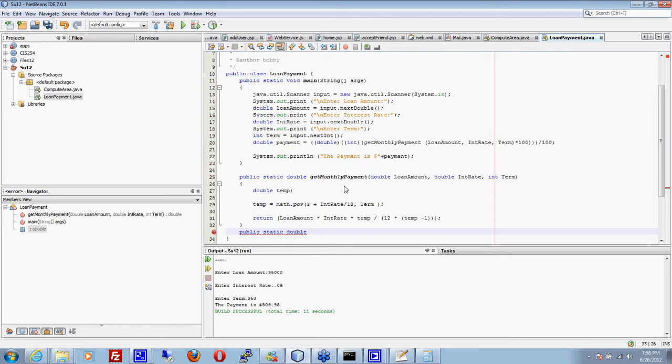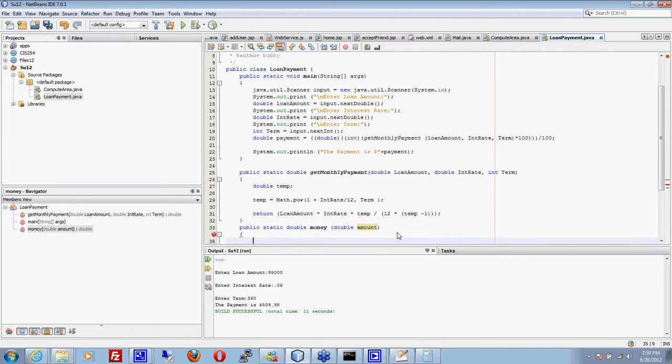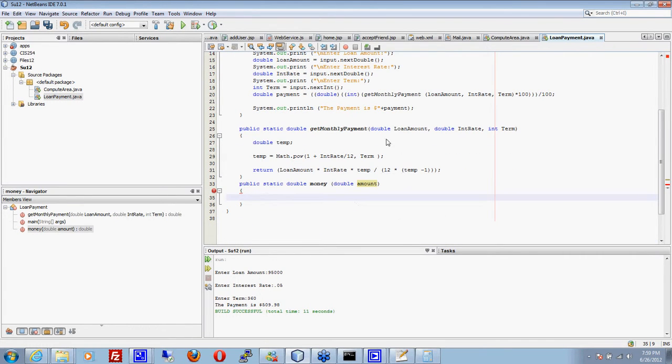We'll just call it money, or dollars, or whatever, it doesn't matter. Call it money, and which will take a double amount, and we'll simply return.